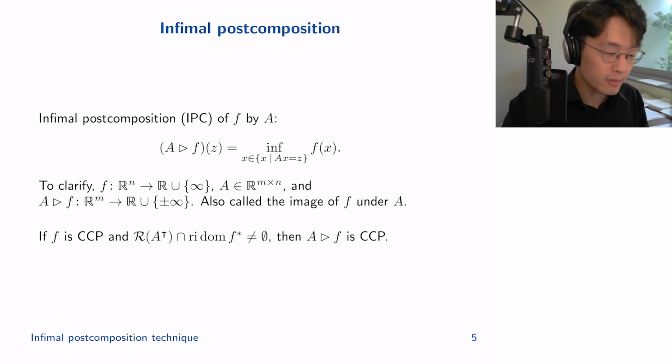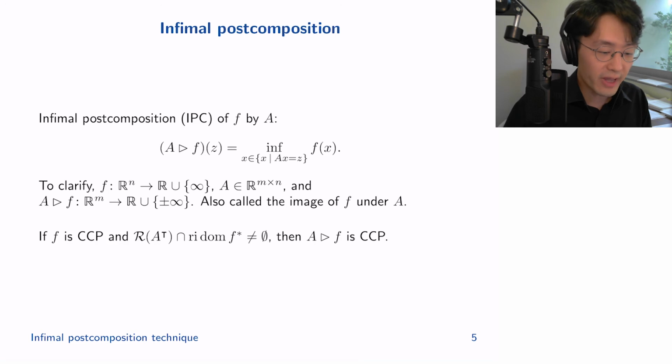To clarify, here the original function f takes in as input x, and x has length n. The matrix A is an m by n matrix, and the input to the IPC of f by A, the z input, is of length m. So the sizes of x and z do not need to be equal, but the matrix A needs to have this dimension m by n in order for all the dimensions to fit.